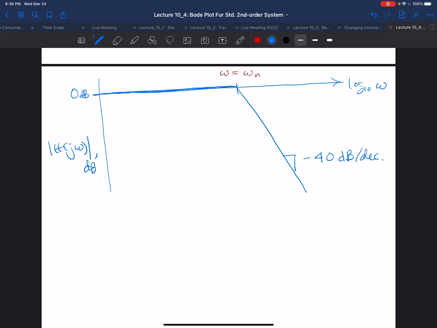So if, for instance, this is the point minus 40 on our decibel scale, then this point would have to be 1 decade above omega n. In other words, this is where omega is 10 times omega n. So over that decade, the high frequency asymptote drops off by 40 decibels.